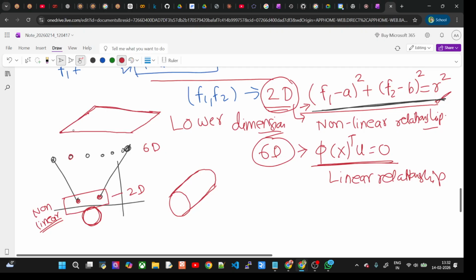You are completely unrolling this rolled cylinder and making it 6D; in the higher dimension you are making it like a plane.